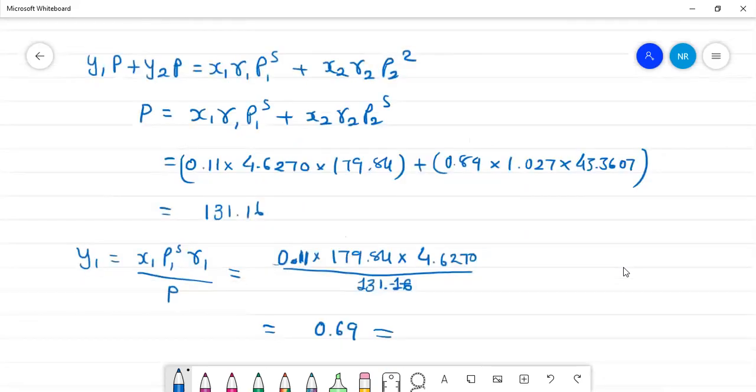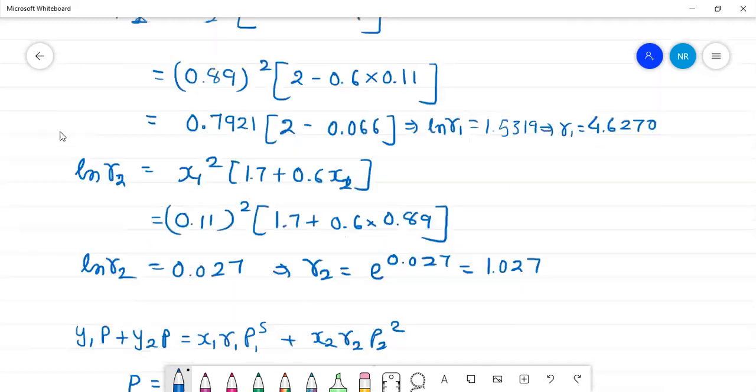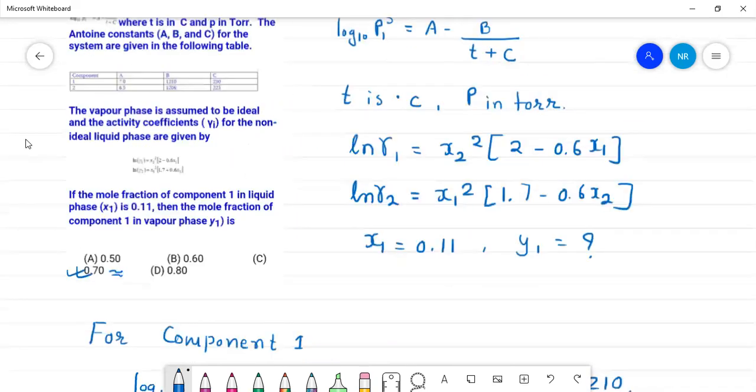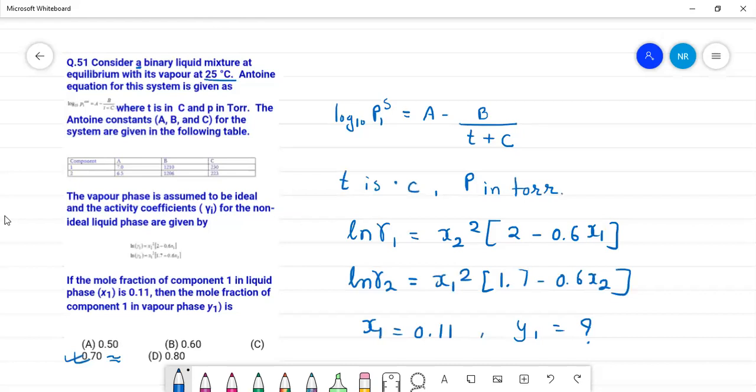So it's very near. And so this is the example which was asked in GATE 2014, where activity coefficients are different and already given in the question. It is a 2-mark question.